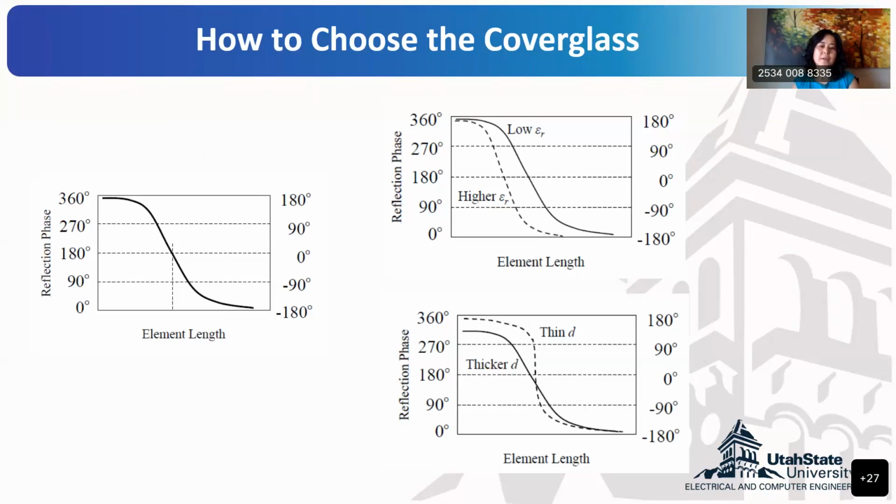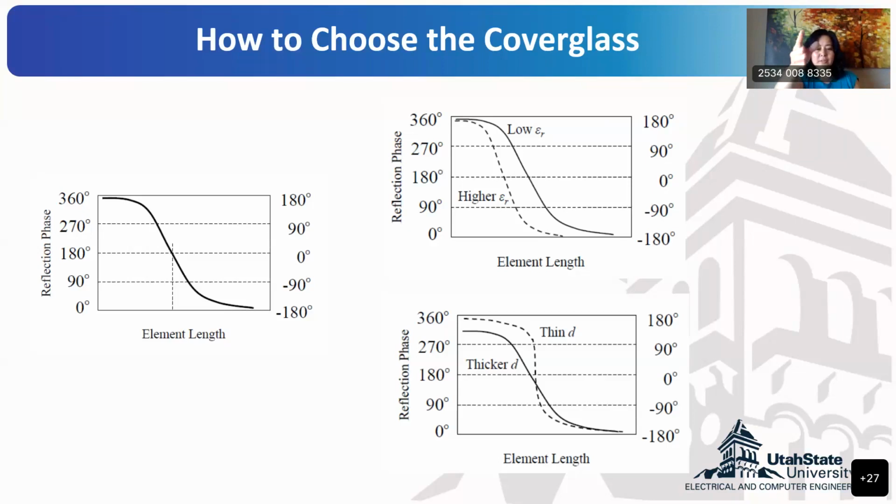As you see, a higher dielectric constant of a substrate gives us a steeper curve, which makes each element closer in size. That gives us a challenge in the precision of printing each element, so we don't want the substrate to have too high a dielectric constant. But then that means the substrate will have to be thicker, which creates a challenge in putting a thick substrate on the solar panel.